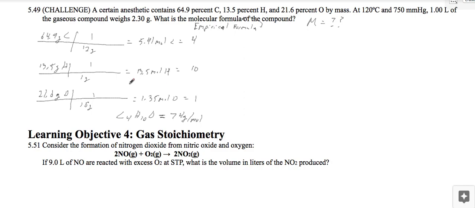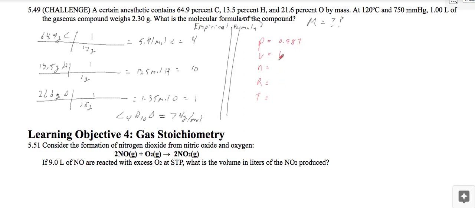And now for the molecular mass part, we go through and do some work with the ideal gas law. Pressure is going to be not 750, it's going to be 0.987.